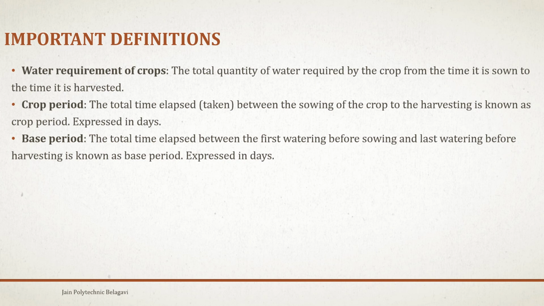In between that, whatever water is applied to the land. The first one was about the crops; here we are talking about the land. That period we say is the base period, and we express it in days.